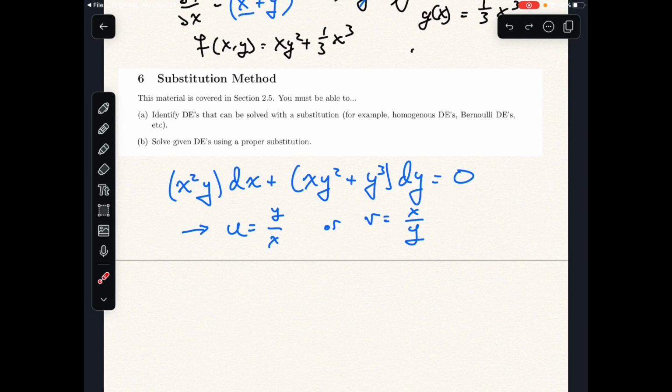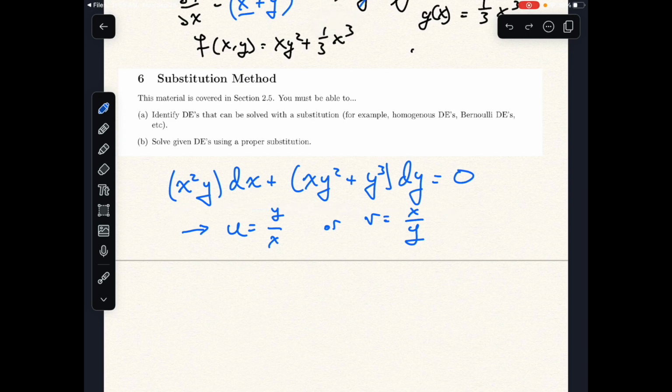So I'm not going to say that you should try this one exactly, right? If you were to just do this one, you might get something that's very difficult to integrate, but it definitely will be separable.